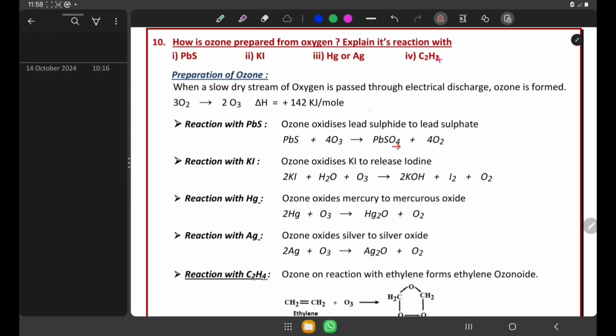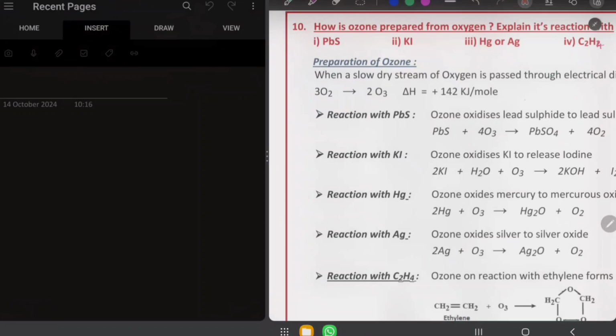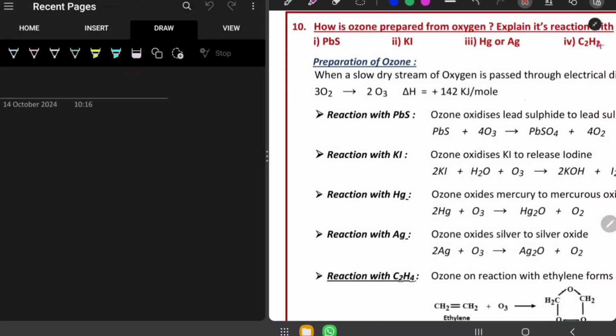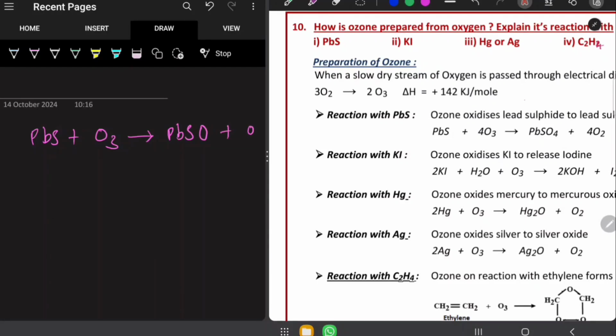So PbSO4 will form, and also O3 is converted to O2. To make you comfortable with this reaction, I am also going to write this equation once again here. PbS, lead sulfide, plus if it is only one ozone molecule, then we will get PbSO and O2.